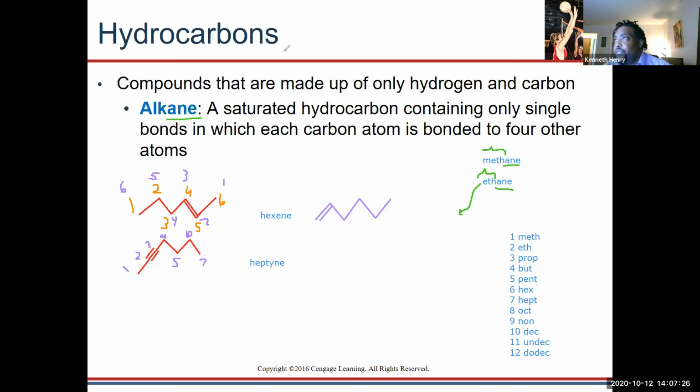So we would name this guy 2-hexene, right? Because that would give me the lowest number for where that double bond is located.